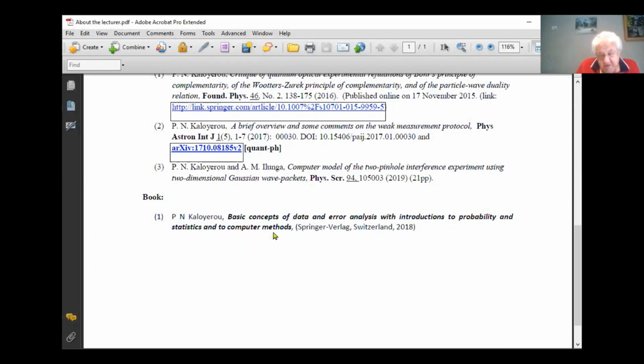The very last chapter of the book is on computer methods. I basically solve one or two experiments using computers, and I did it four different ways. One, I use the ordinary Excel worksheet, which really isn't very good.